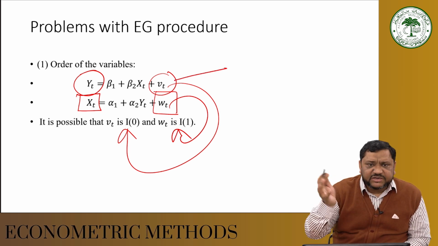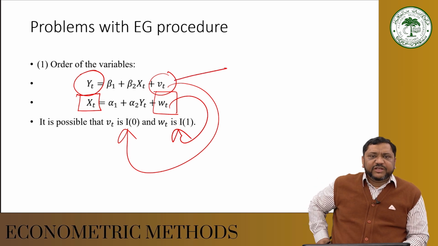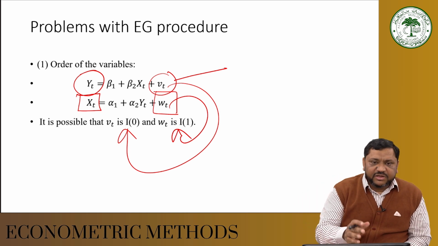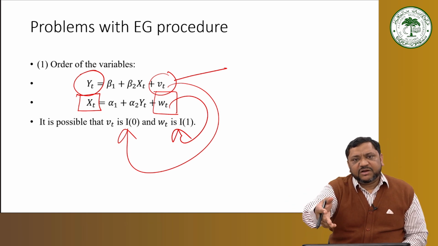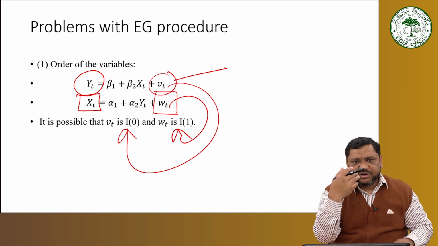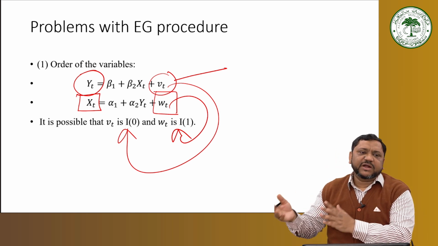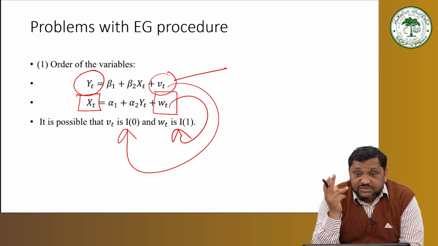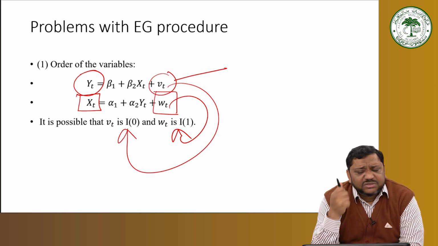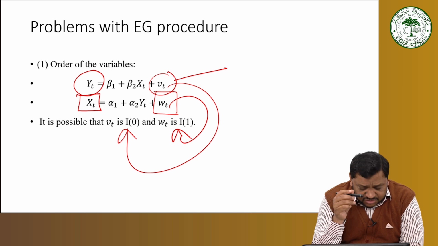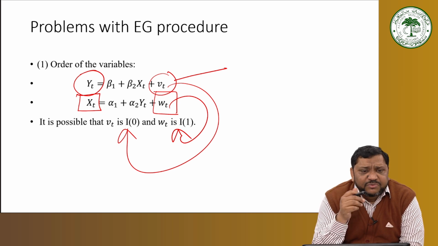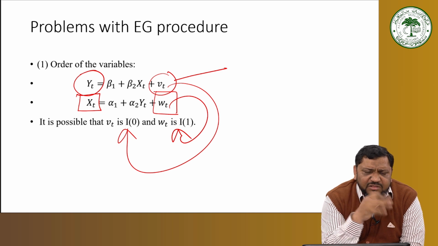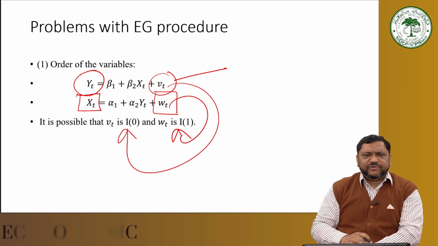The moment we interchange the dependent and independent variables, we get an error term that for the same two variables was I0 once and is I1 next time. This can happen if the sample size is small. And if there are more than two variables, say 3 or 4, in 3 equations everything is fine, but in the 4th equation there is a problem.